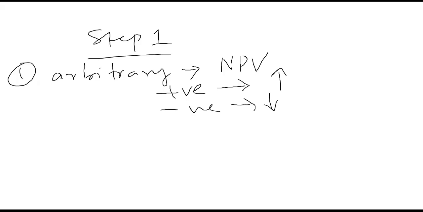I repeat, if you get a positive NPV, increase the rate of discount and vice versa. Full stop. A positive and negative NPV will give us the range of the IRR.